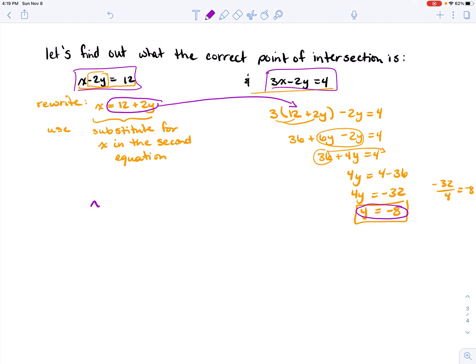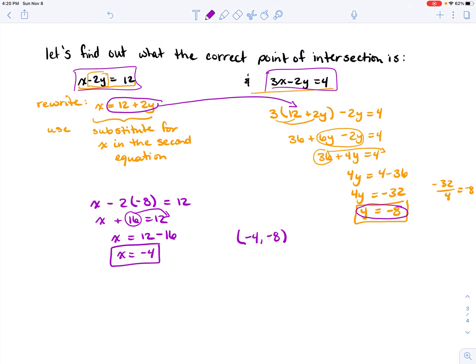So I have x minus 2, of course I put in my minus 8, equals 12. x plus 16 equals 12. x equals 12. I need to move my 16 to the other side, so that becomes minus 16. And x equals minus 4. So now I have my x and y values. I have minus 4, minus 8.